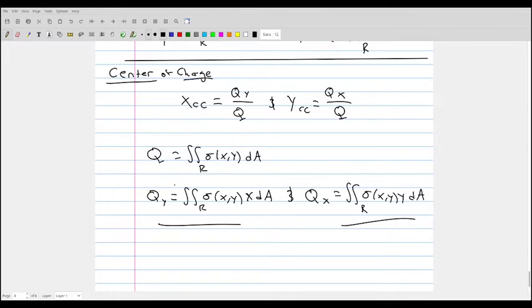So let's go through and use the same example that we calculated before for the center of mass.